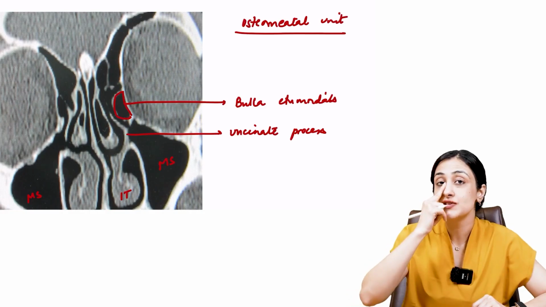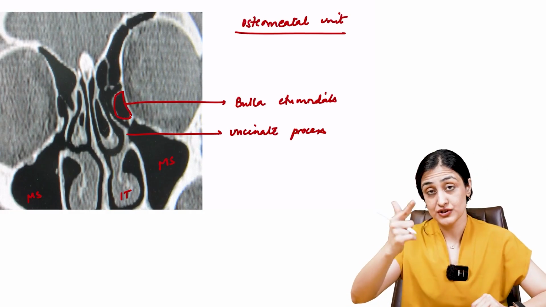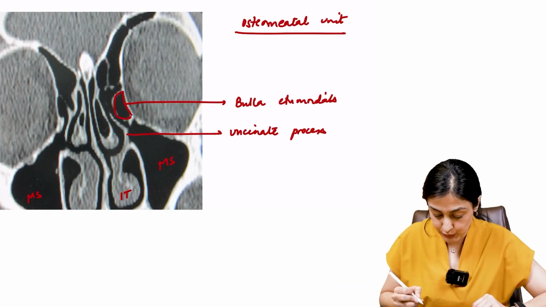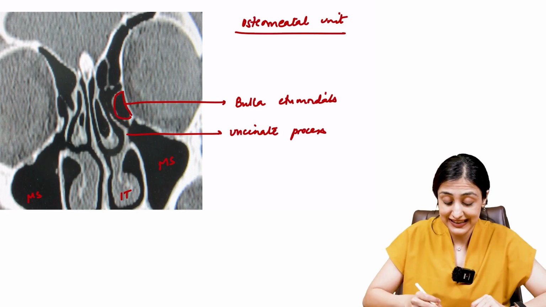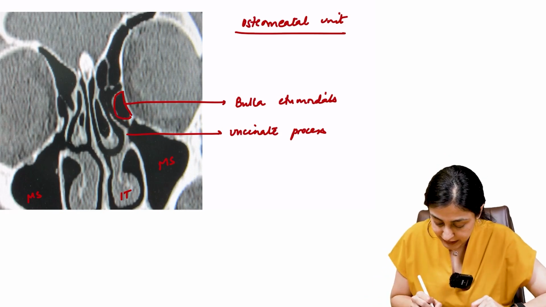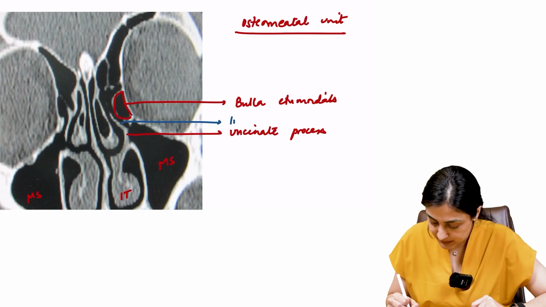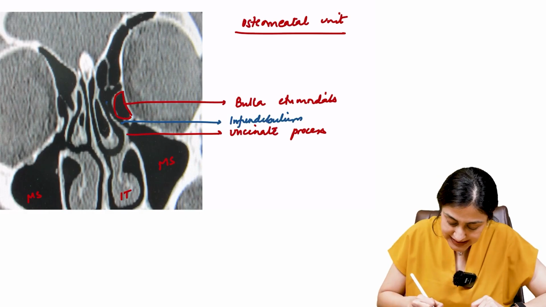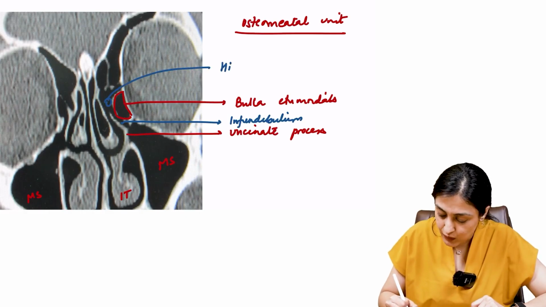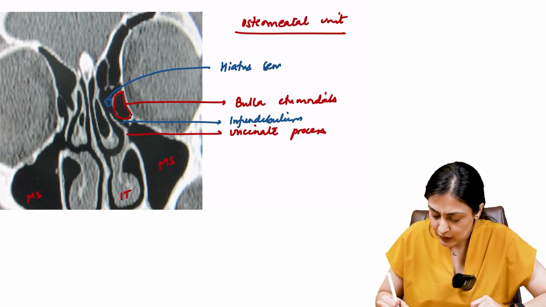What is forming this maxillary sinus ostium? That's called the osteomeatal unit. I have to go through this two-dimensional area which is called the infundibulum, and it opens into this 3D space. When I come out, that is called the hiatus semilunaris.